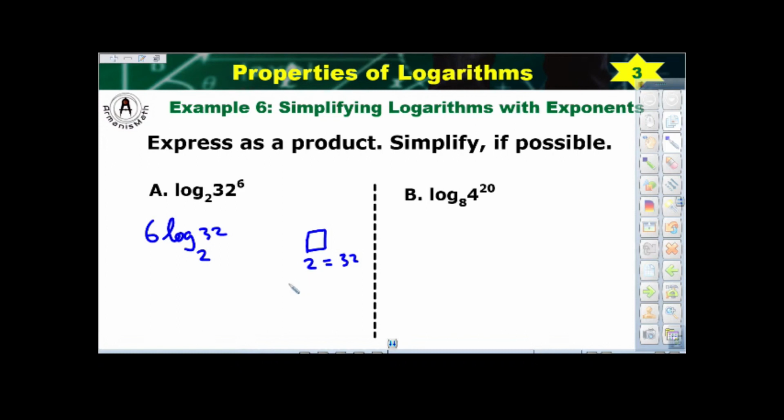Someone is writing 2 to the 4th, because 2 to the second is 4, to the third is 8, to the fourth is 16. Yeah, here we go, to the 5th.